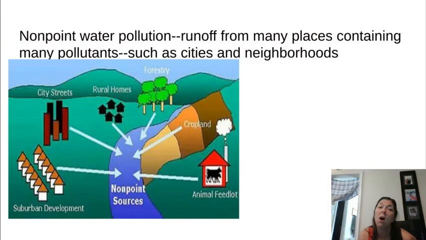Then we have what we call non-point water pollution. And basically all that means is it's coming from a broad area and you can't pinpoint exactly where it's coming from. So if you look at this picture here, this is a good one because you have a neighborhood, a residential area that has many homes. And then you have a sewer system or sidewalk system or whatever, where when it rains and all the water, again, due to gravity, runs back to one particular place, it's going to pick up all the contaminants that these people have contributed.